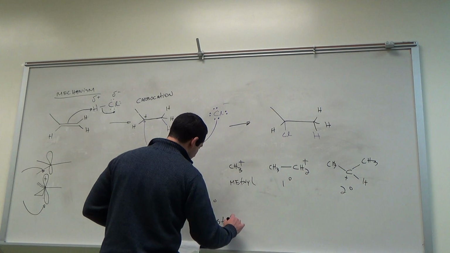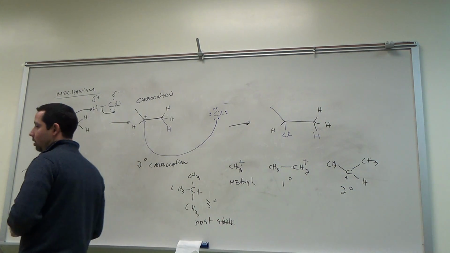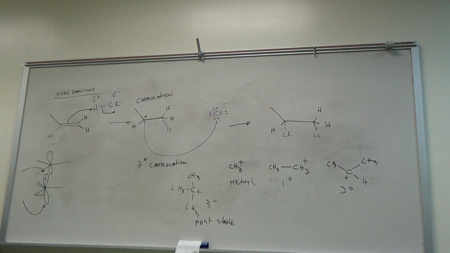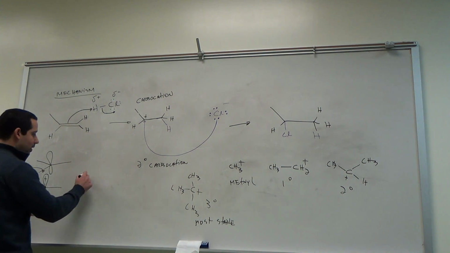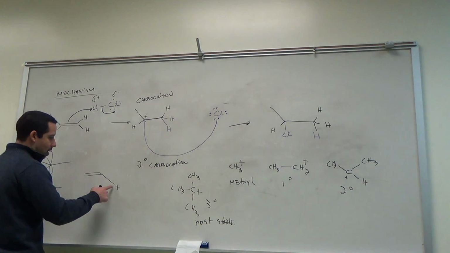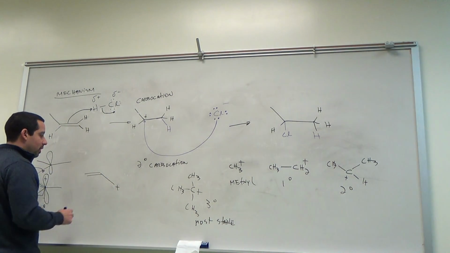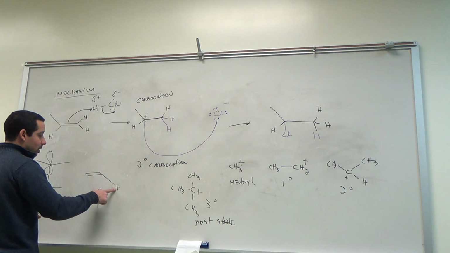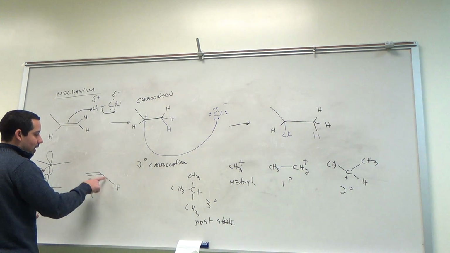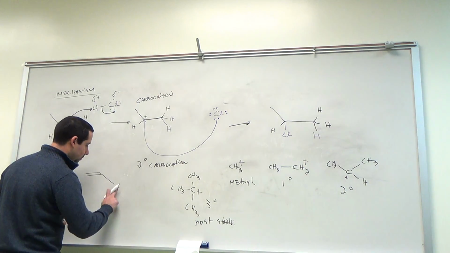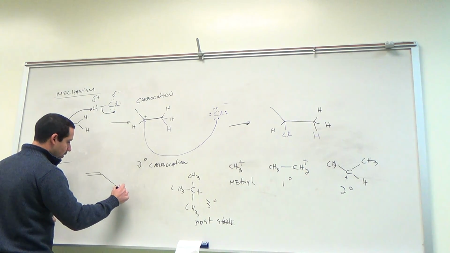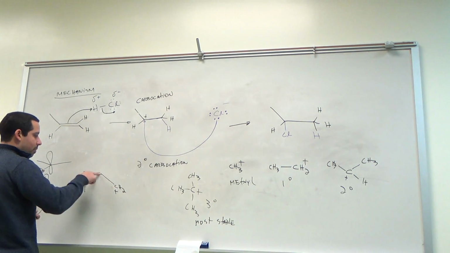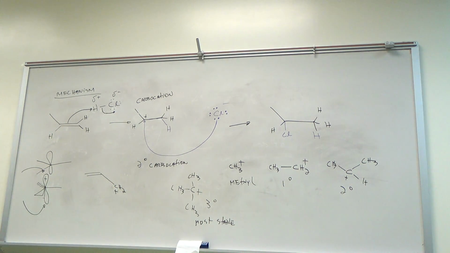Now there are other carbocations like benzylic or allylic carbocations, which I am not talking about in depth. This carbocation here is allylic. It is on the carbon adjacent to a double bond. This carbocation is very stable.